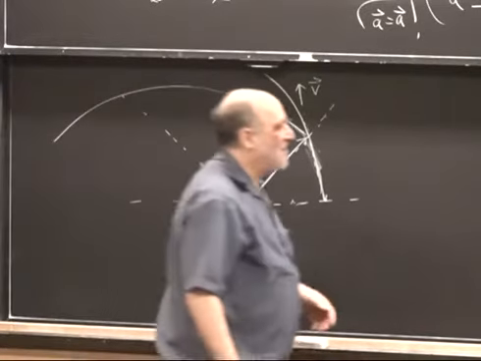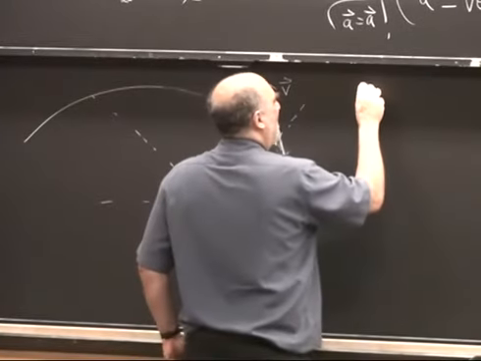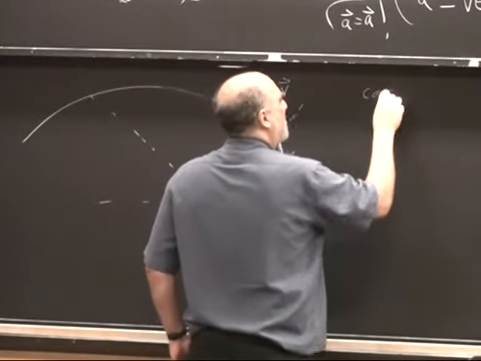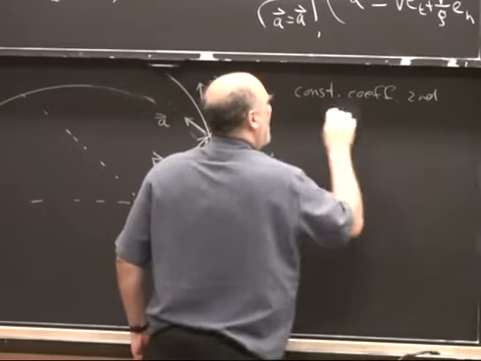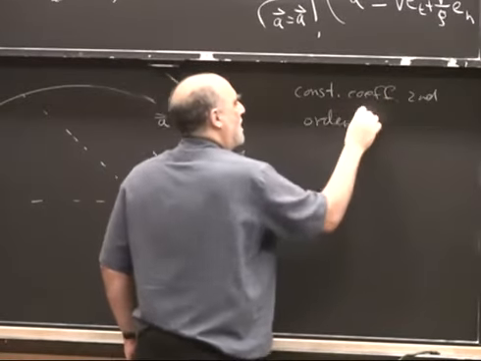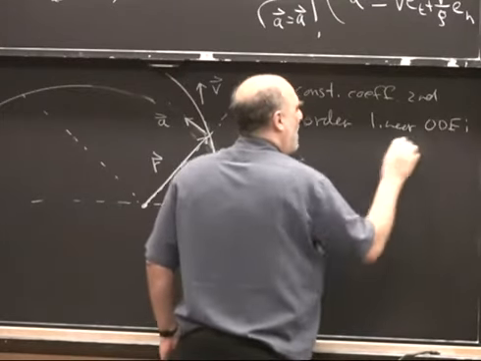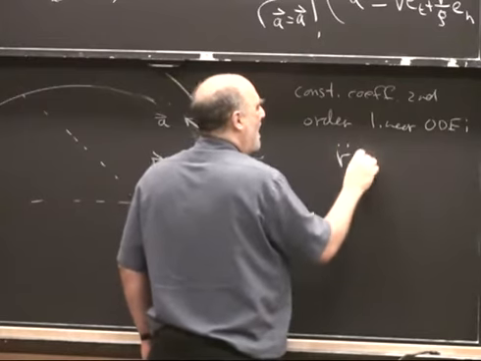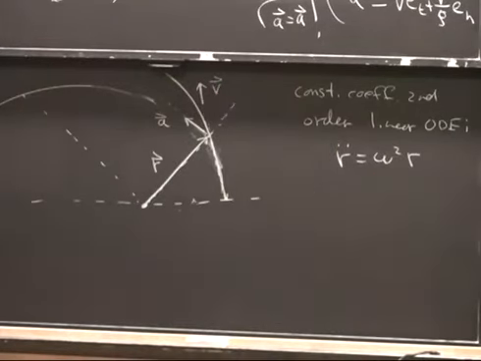Okay, now how does it increase in time? We can do the calculation. This is a constant coefficient, second order, linear ODE. And what's the differential equation? We have r double dot equals omega squared r. Did I put a minus sign there by accident? No, I didn't.